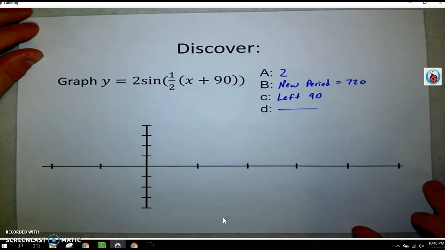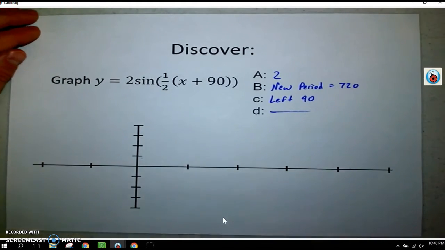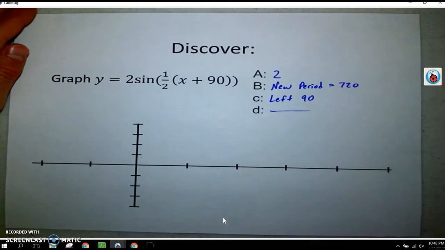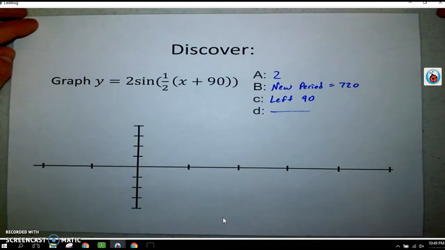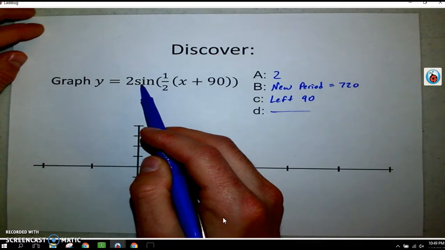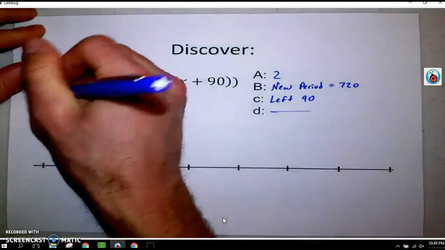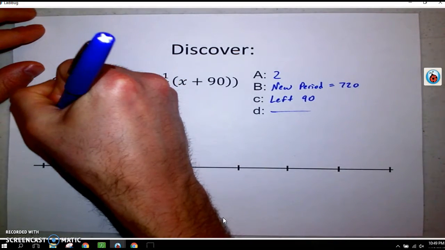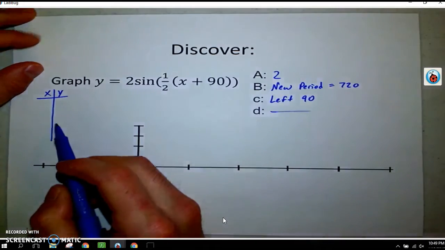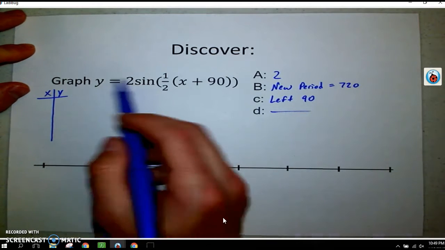All right, now let's take a look at the last problem here. I'm going to show you a slightly different approach that you can do because as we begin to have a lot of these transformations, it can become overwhelming. So what I'm going to do here is start by identifying the function, and it's sine. So I'm going to make an xy table of values that I would have for my traditional sine values.